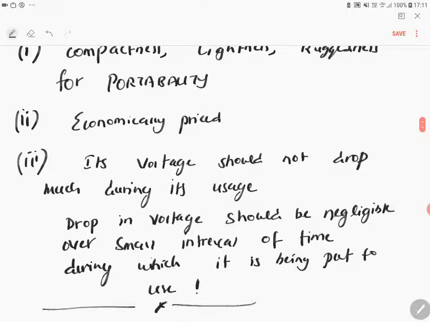So, these are the 3 important requirements for a commercial battery to exist and to be successfully sold in the market.